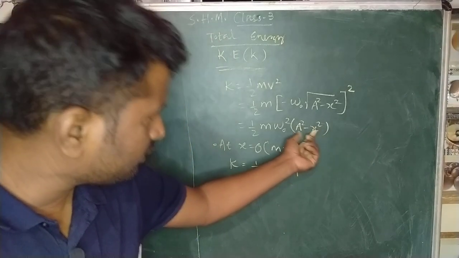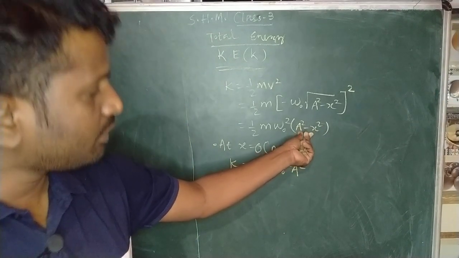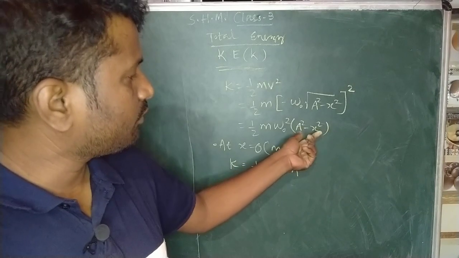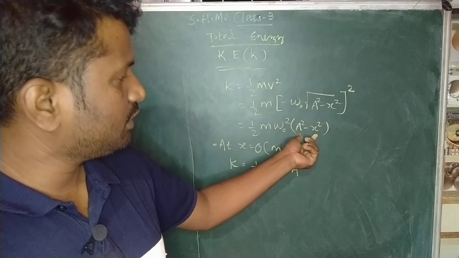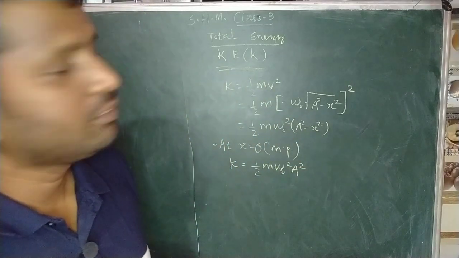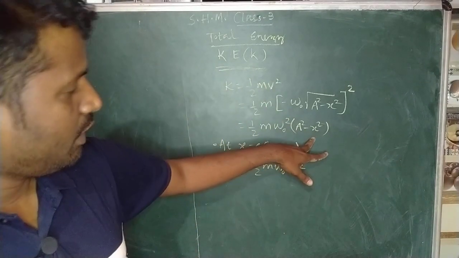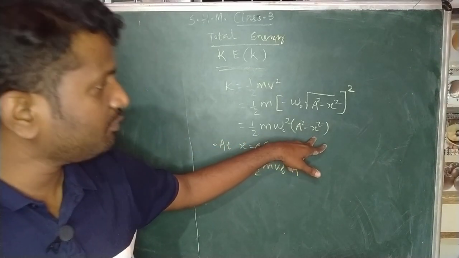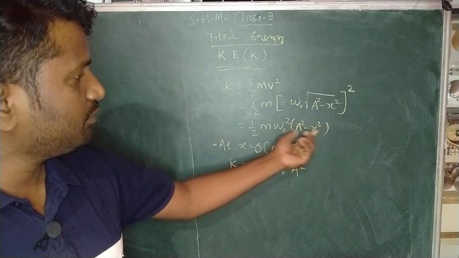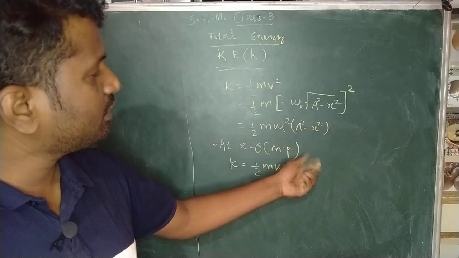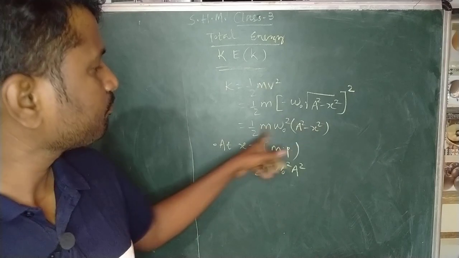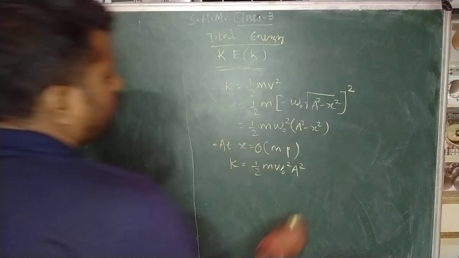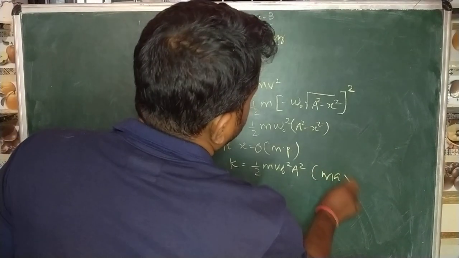If x increases, you are subtracting x square from a square, so this value will decrease and kinetic energy will decrease. Even if x is negative, its square is positive, so it also decreases. So x equal to 0 gives half m omega naught square a square, our maximum kinetic energy.